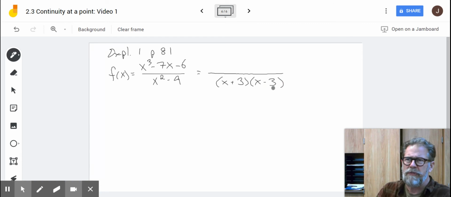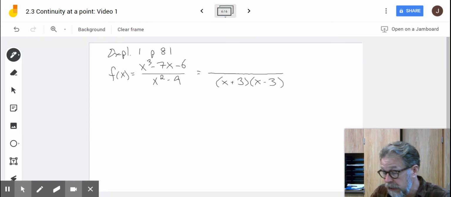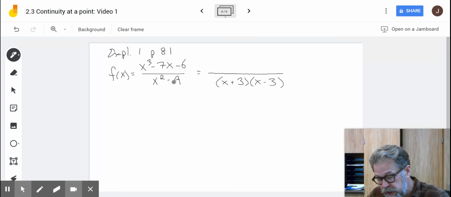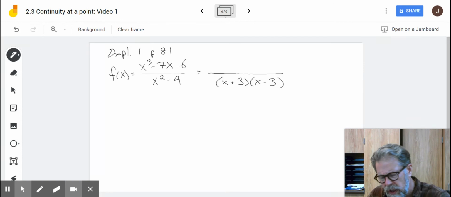This is where dividing polynomials sort of becomes important. I think what I'm going to do is make a new video on dividing polynomials, but this one is a slightly different division. This is one where we need to do the full thing instead of finding the remainder like we did before. I'll throw that up in the next few days for you.